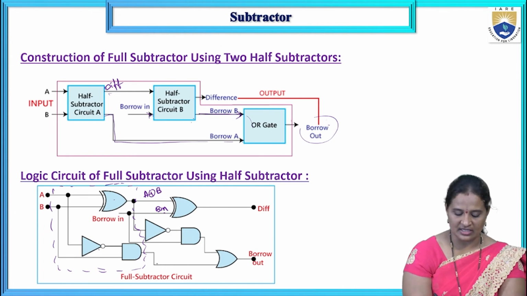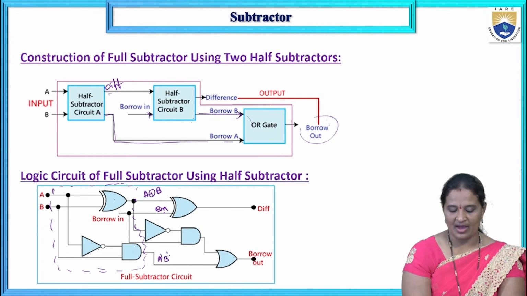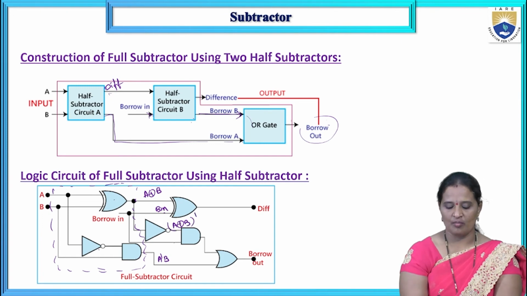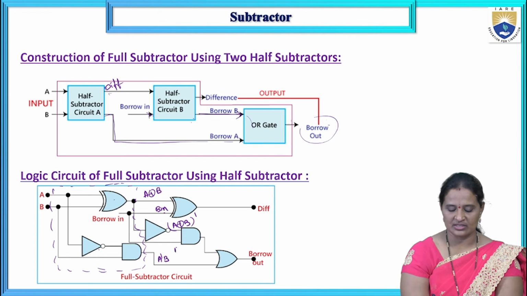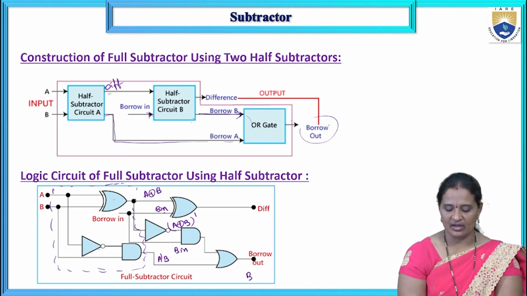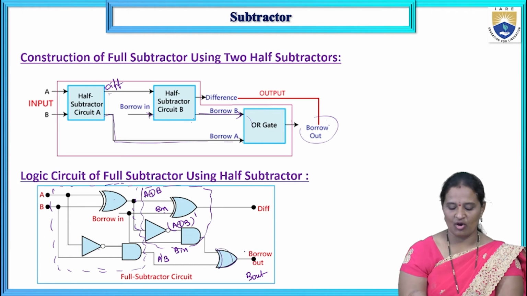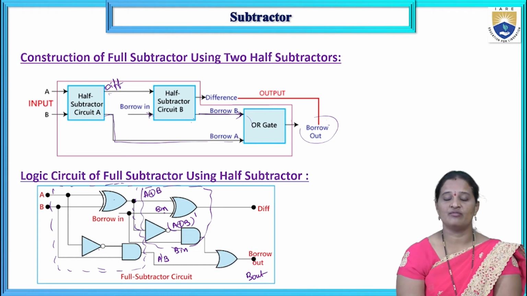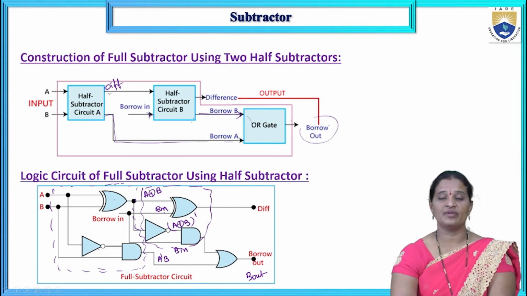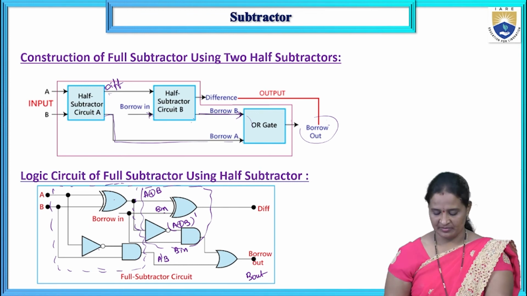And now here this is A bar B we are getting, and here A XOR B is complemented. So A XOR B whole complement, and the other input to this one is Bin. And finally this is given here, and finally we are getting the borrow output. So this constitutes another half subtractor, which along with an OR gate represents the full subtractor. So this is the implementation of a full subtractor using 2 half subtractors.